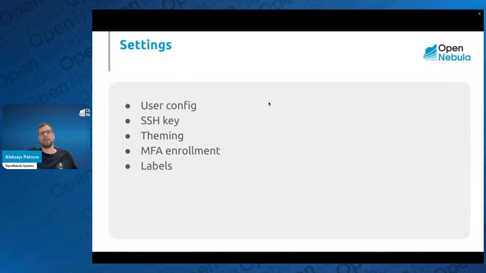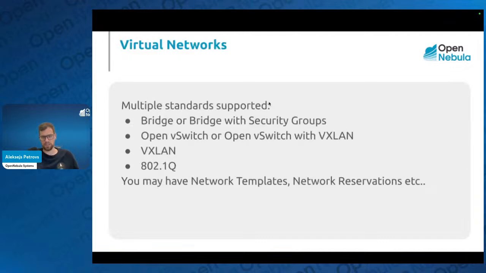Also, when we are running our virtual machines, we would like these virtual machines to connect to a network. It might be to access the internet or sometimes to access internal resources, but anyway, you need those networking capabilities. In OpenNebula, we support a multitude of standards like Open vSwitch.